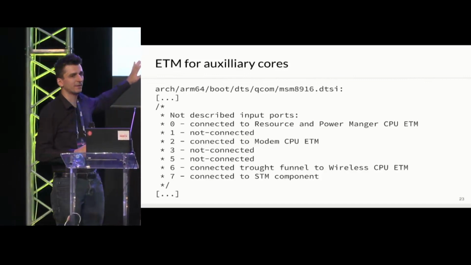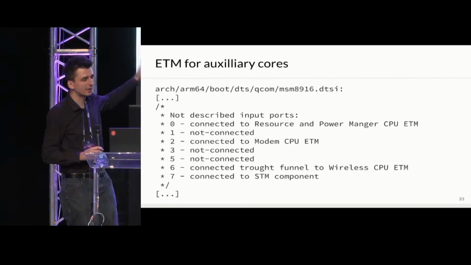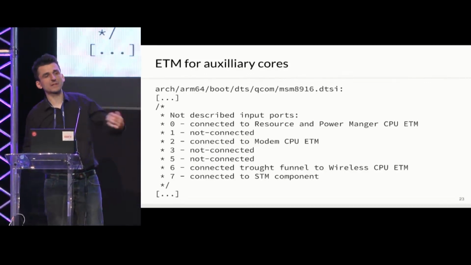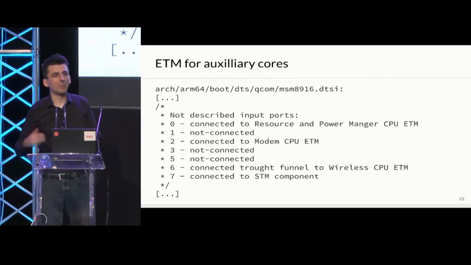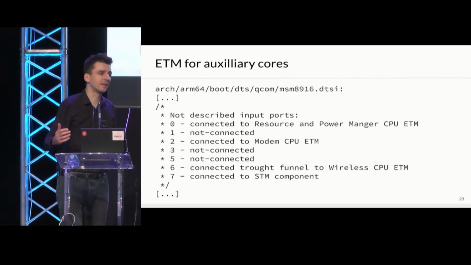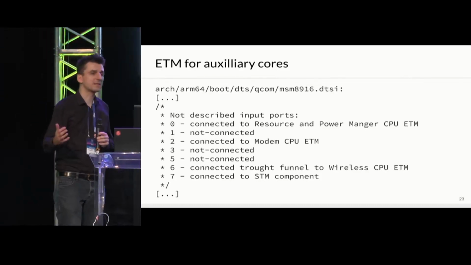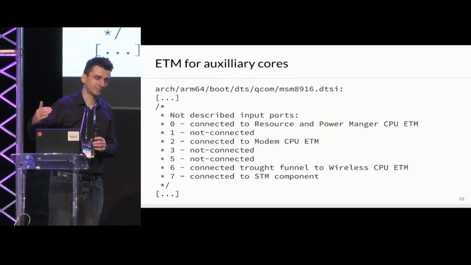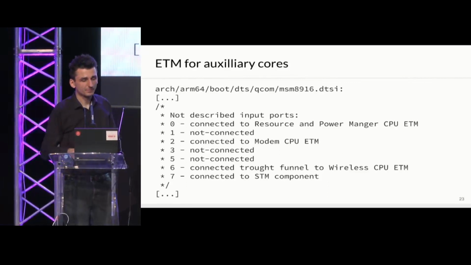It's not as visible in the device tree. You basically have to look at all of the header files, but you'll see that they have integrated tracing technologies for the other cores as well. Whether or not you can access it depends on the device again, because sometimes these memory ranges are only accessible to EL3 or Secure World code.